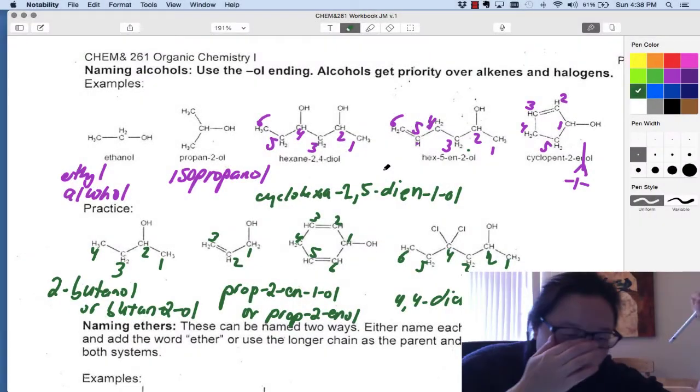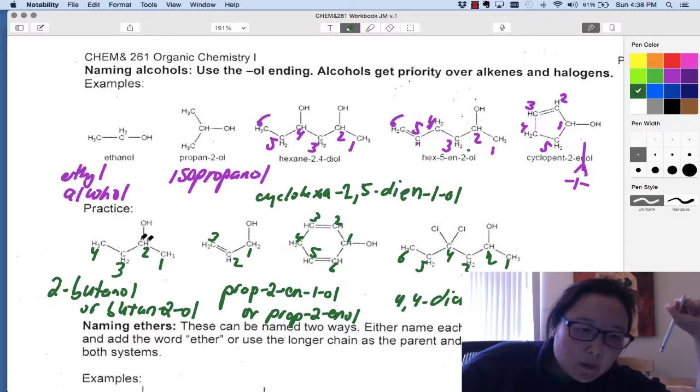Okay, guys, we're back. So this first one, I would number it 1, 2, 3, 4 as opposed to 1, 2, 3, 4. So 2-butanol is fine, or butan-2-ol. Prop-2-en-1-ol for this one, because this has to be 1, 2, 3, so that's a prop. And then 2-en-1-ol. You want the alcohol to be the ending.